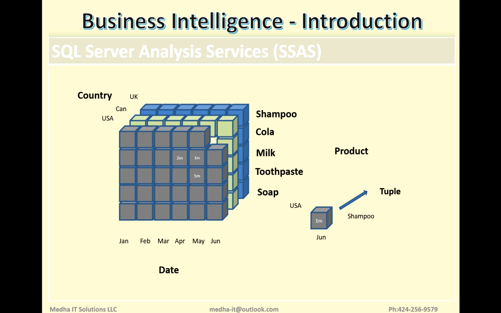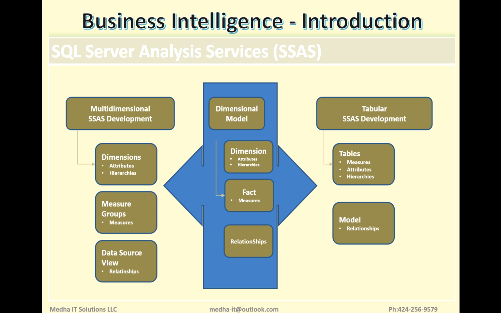So for this cube we have three dimensions: country, product and date. So this particular small tuple is giving me the numbers for shampoo, June and in the USA. Okay, so that is about the cube.